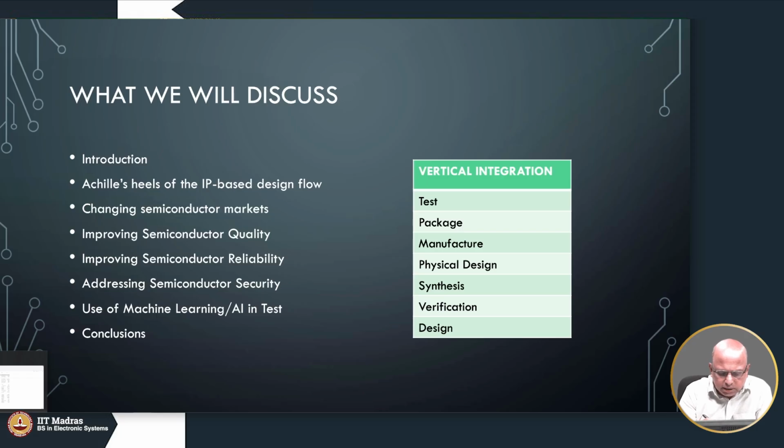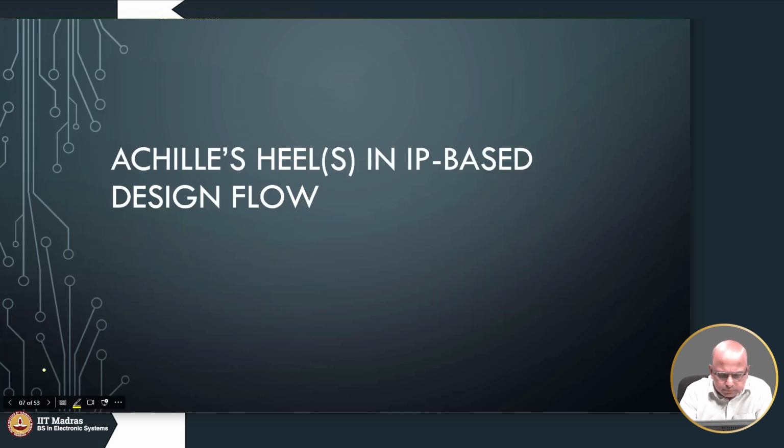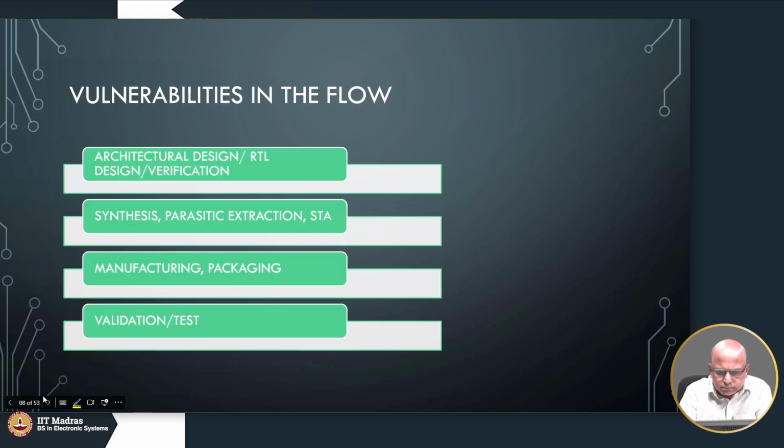So these are the things that I would like to discuss in the rest of the class. There are many vulnerabilities in the flow. See, today we are integrating IP, right? We are integrating a lot of IP.